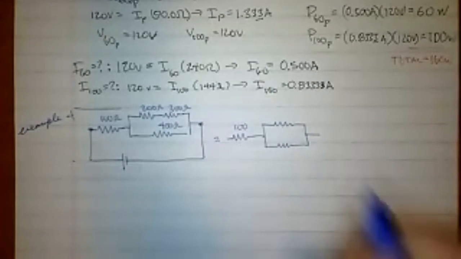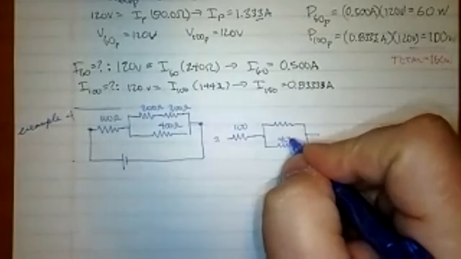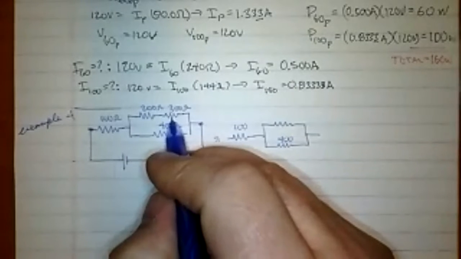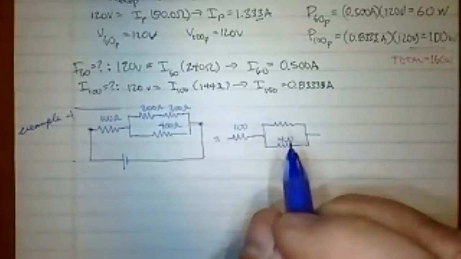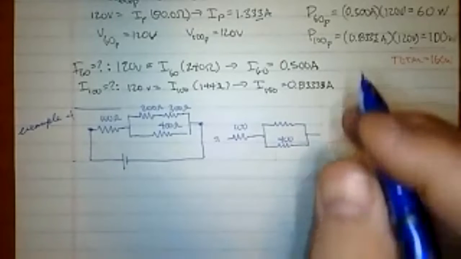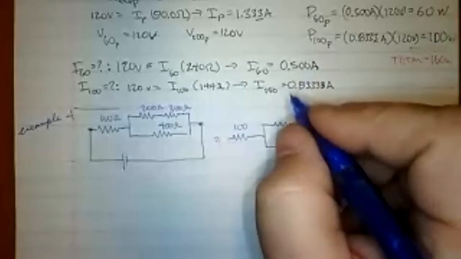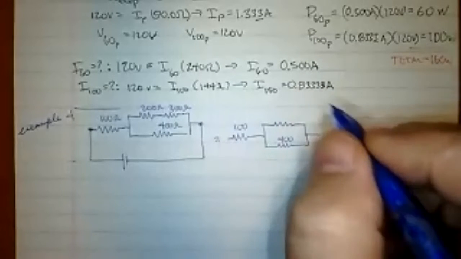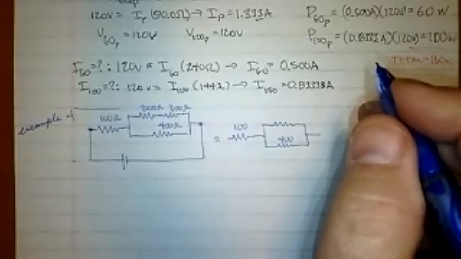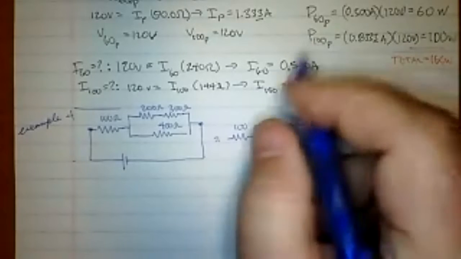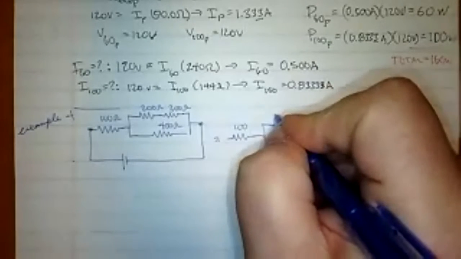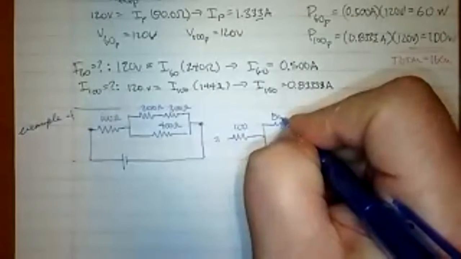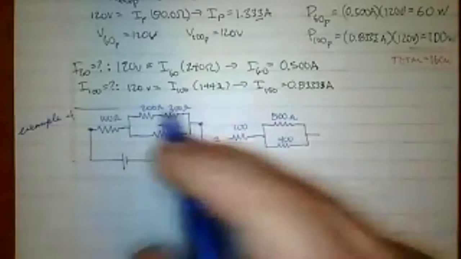So this one's 400, but clearly these two are in series. So what's the resistance of both of them together in series? 400. Exactly. 500, because 200 plus 300, or you might have misread mine.